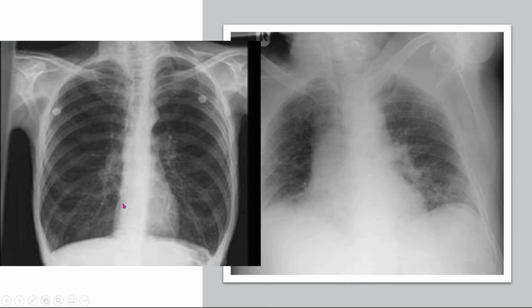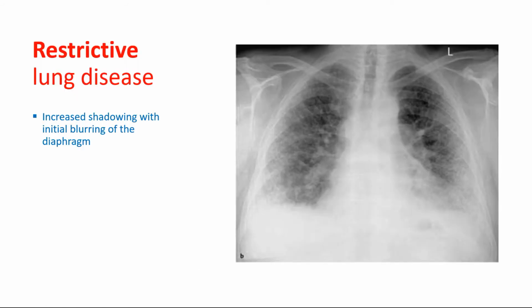And compared with the obstructive, where you can see the mediastinum is narrow, in restrictive you can see the mediastinum is wide and distorted, and there is increased opacity, and even the mediastinum is thickened. This may be because of cor pulmonale. You may also see the right side of the heart enlarged.